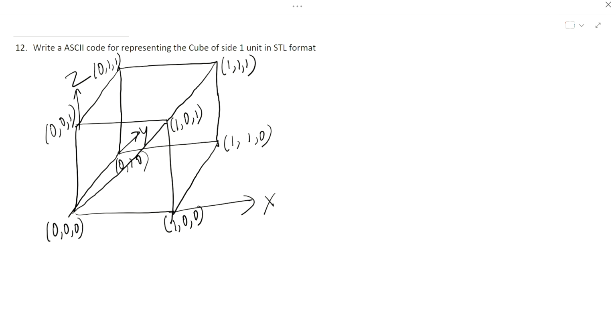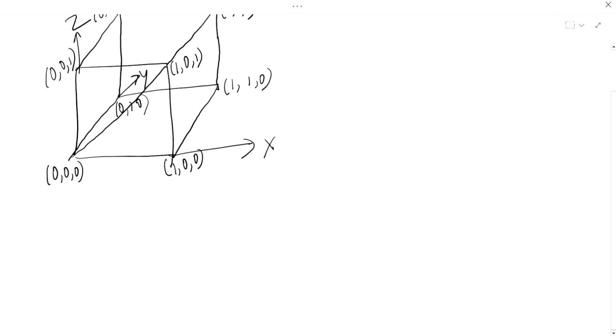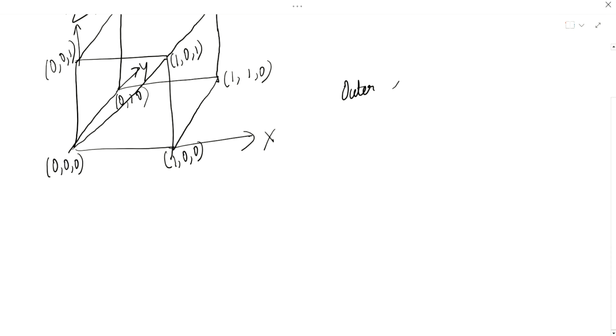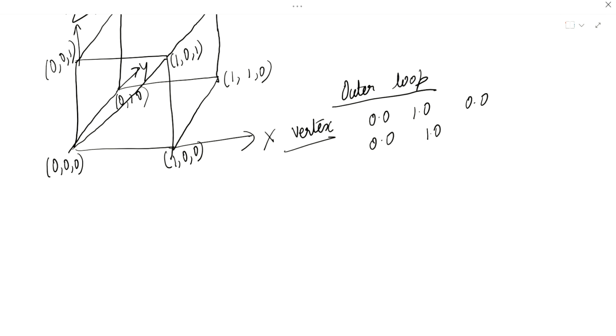So for this triangle we already have all the vertices. So if we have the outer loop, I'll first write the vertex. It will be 0, 1, 0, 0, 1, 0 and 0, 0, 1.